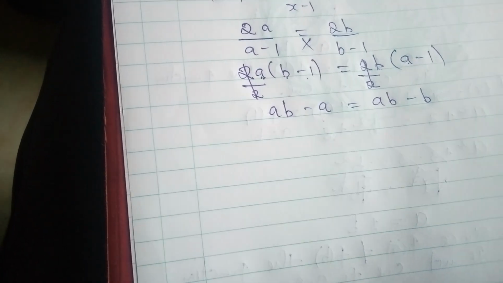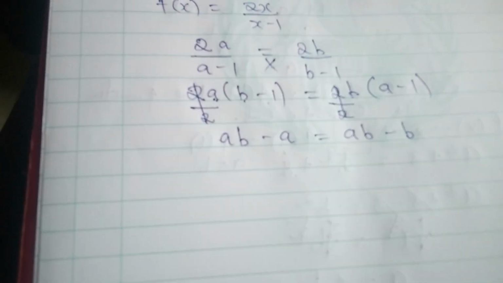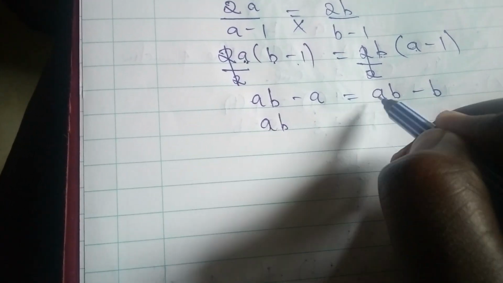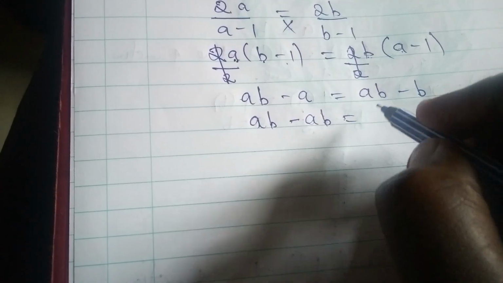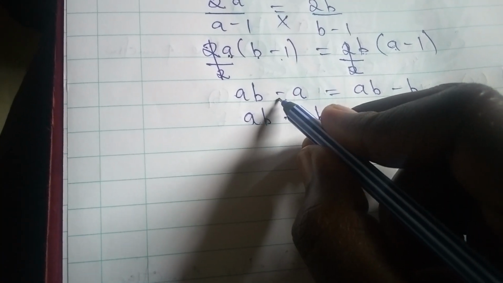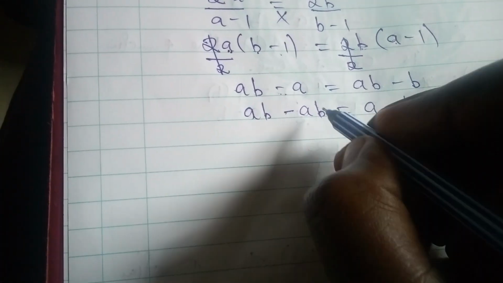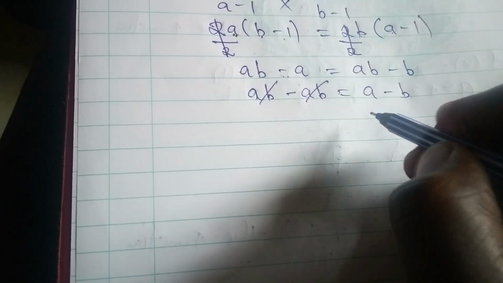So from there what you are going to do is this. When you collect like terms, you find that ab, that one will become negative when it comes to this side. Then this one, when it comes to this side, becomes positive, a minus b. So that one will go. And then what you are going to do is this.